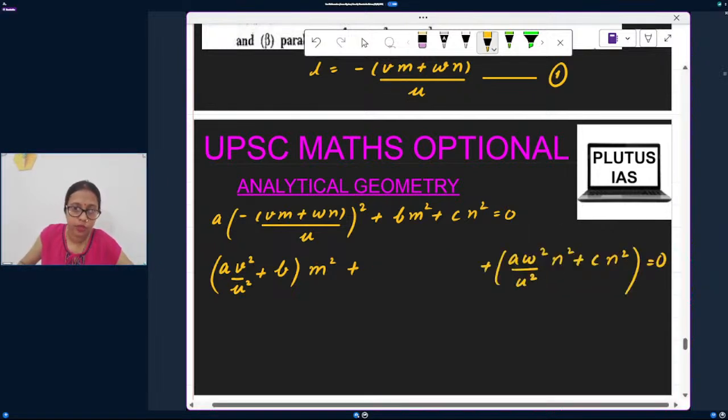The coefficient of m is 2 v w n a divided by u. Okay. Now it's a quadratic in m.